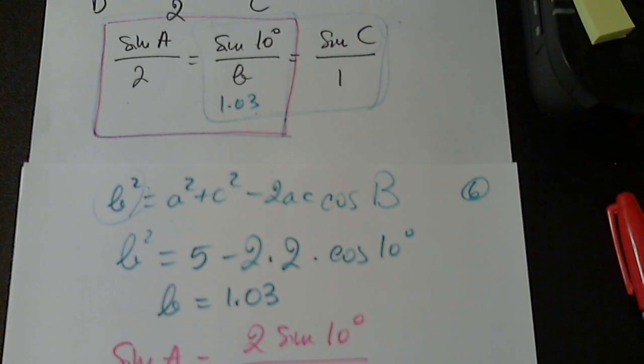So let me clear all this. We had 2 times sine 10, and we divide by 1.03. I got a number. I will immediately apply sine inverse to this previous answer, and I get 19.71 degrees. So A equals 19.71 degrees.